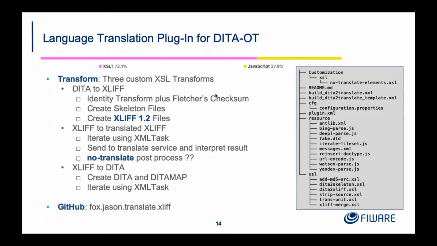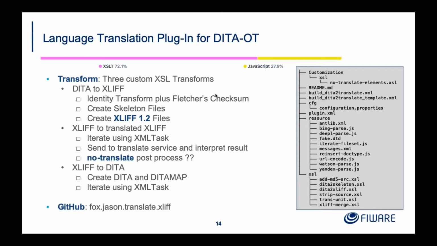The second service which I can show the results of is a language translation service. If you have documentation in English and you want to change it to, say, German, you can use another XML-based standard called XLiff.